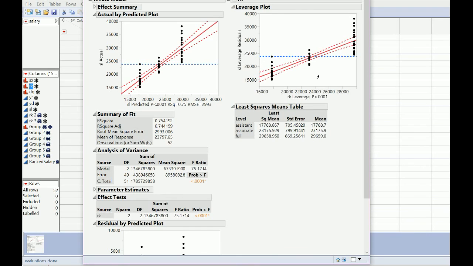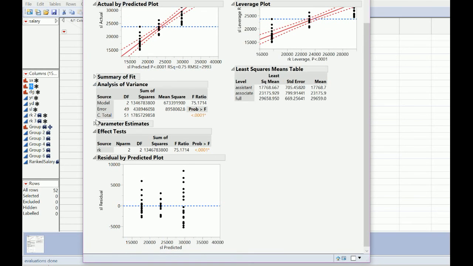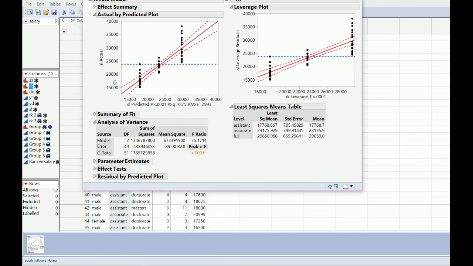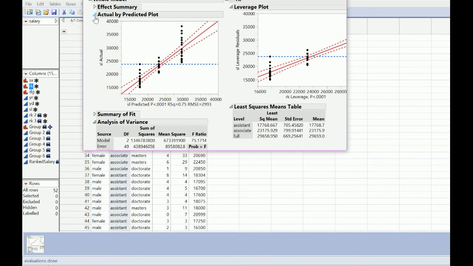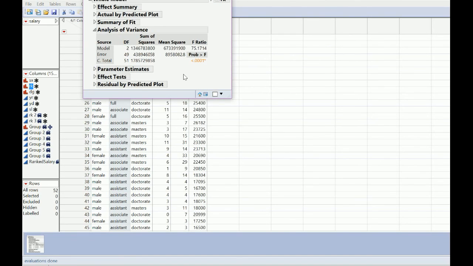We get a lot of output, so we're not going to look at the graphs right now. What we're interested in is this analysis of variance table. And we see, once I hide all these things, that this analysis of variance table is exactly the same, within some rounding differences, as the one that we calculated by hand. So we have our source.